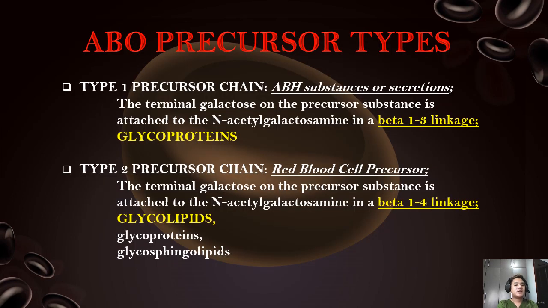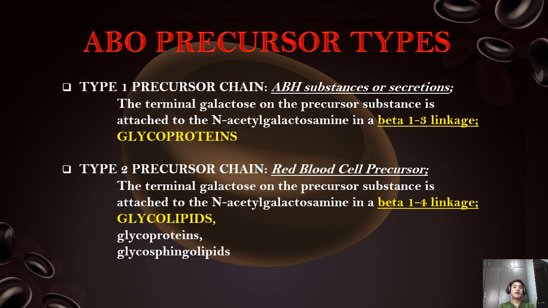So, okay class, we actually have different definitive types of the ABO precursor chains. We have your types 1, 2, 3, and 4. However, types 1 and 3 are primarily definitive and specific for body secretions, while your types 2 and 4 are prevalent among RBC antigens, or red cell antigens. We actually have four, however, only types 1 and 2 are the most abundant precursor types and specifically definitive for secretions and red cell antigens, respectively.